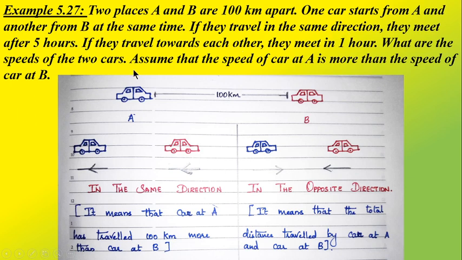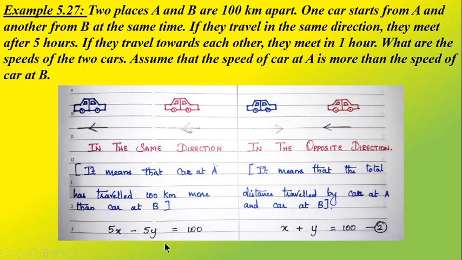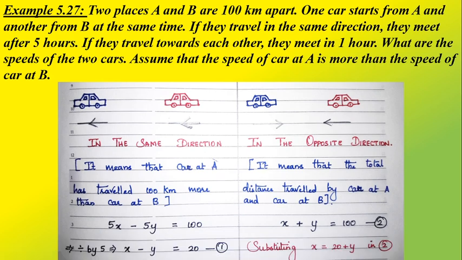What are the speeds of the cars? Assume that the speed of the car at A is more than the speed of the car at B. It means that the car at A has traveled 100 kilometer more than the car at B. So how can we write this? 5x minus 5y is equal to 100.